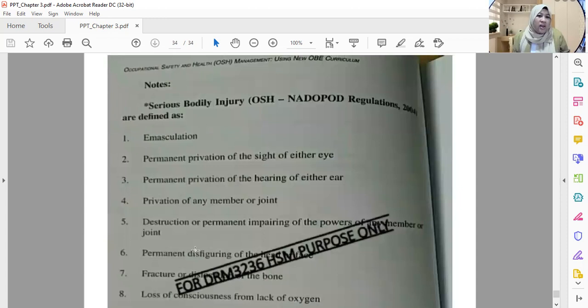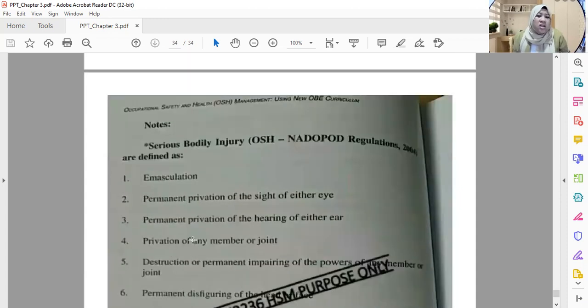And the last part, they have some notes in here: serious bodily injury. In OSH, this is the term they use, SBI, which the National Port Regulation 2004 defines as emasculation. I want to look at the details of emasculation.